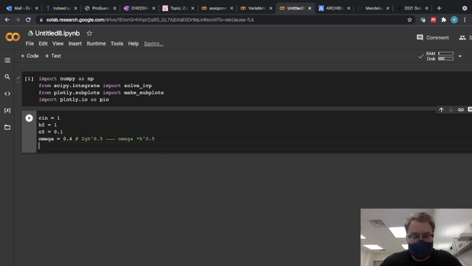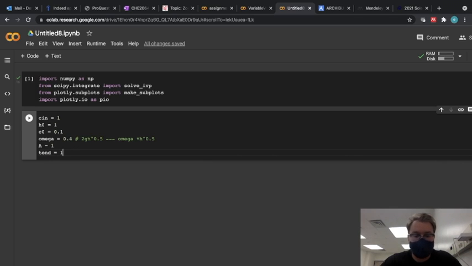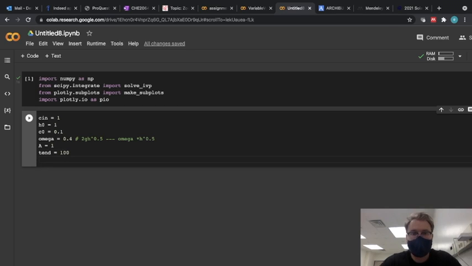Next up, I also know that my cross-sectional area is equal to 1 meter squared for my reactor, and that stays constant throughout the reaction. And I know that my reaction is going to take place from time equals 0 to 100 seconds. And then lastly, I also need to know that the flow rate coming in is about 1 meter cubed per second.